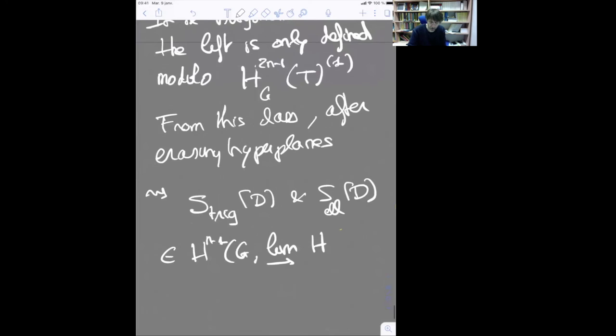Here the limit is over some set of hyperplanes of the cohomology of the fibers. The fiber meaning is T minus some collection of hyperplanes.